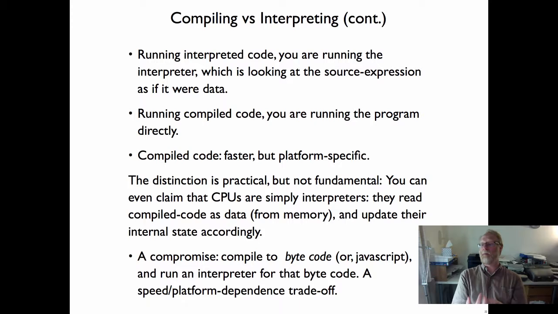It just looks in memory and says, oh yeah, here's an opcode, the move opcode, and here's the division opcode, and based on what I just read in memory, I'm going to update my internal registers right here in the CPU. Wait, that sounds exactly like interpreting, reading the code as if it were data and manipulating your own internal memory based on that. So people, I think, tend to overemphasize the difference between compiling versus interpreting.